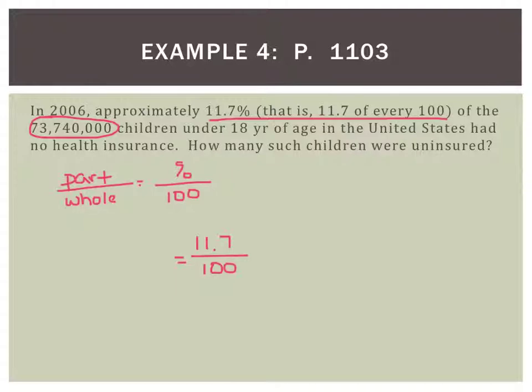For this number, you need to decide, is it the part or the total? It's 11.7% of that population. That's the total, 73,740,000. That's the total population of children under 18. And we're looking for how many of those children were uninsured. So the uninsured is the part. So that's my X.